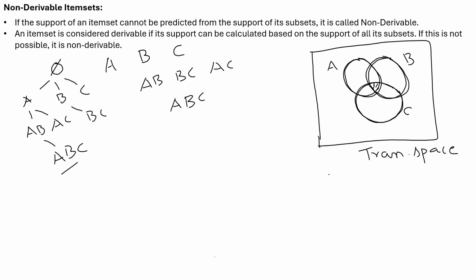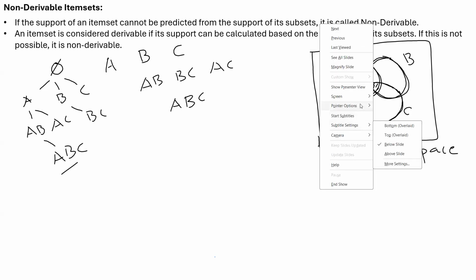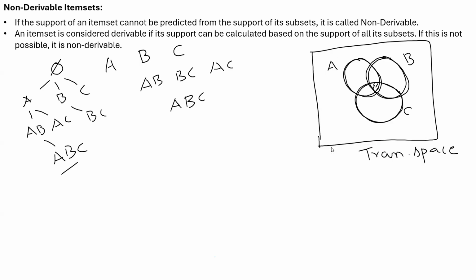What is this area? Can I represent that as A, B, C bar? Okay. This is ABC. What is this bar? This diagram, A C B bar.